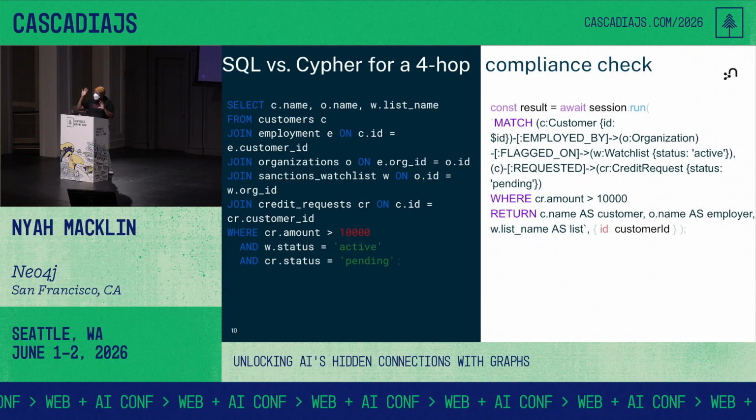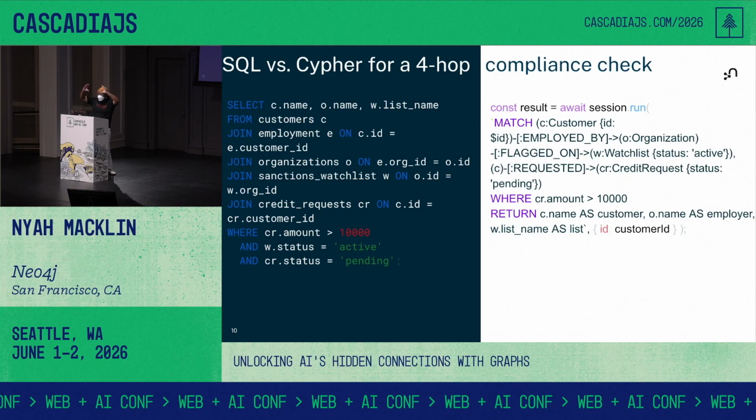But on the right, we have the same query, but written in Cypher. Cypher is a query language that is modernized and specific to traversing different graphs. But in Cypher, we can see that the relationships are directly in the pattern. It's a little hard to see here because I couldn't get the Cypher syntax to work on Google Slides. But we have that we're going to match a specific customer ID.